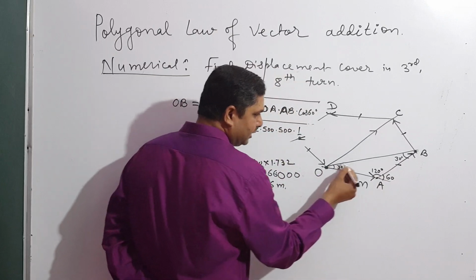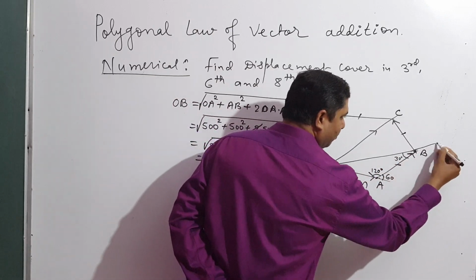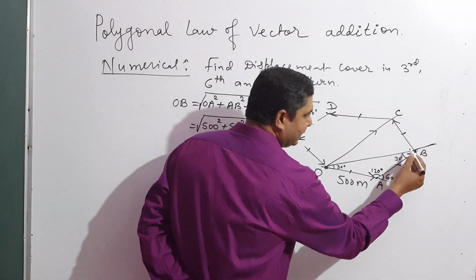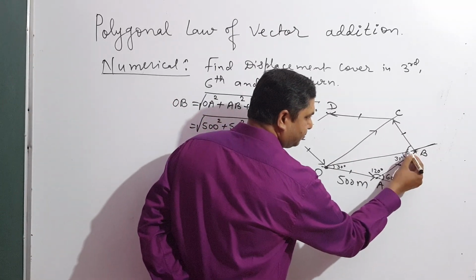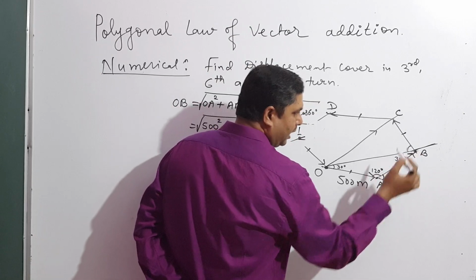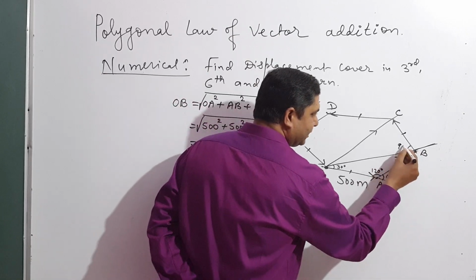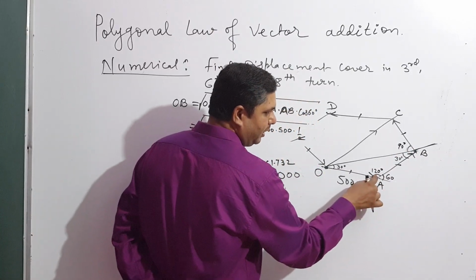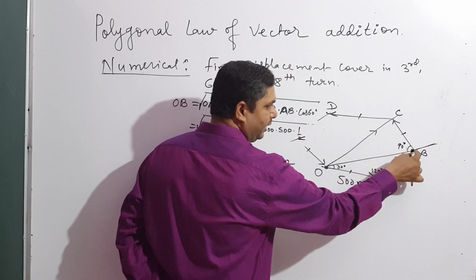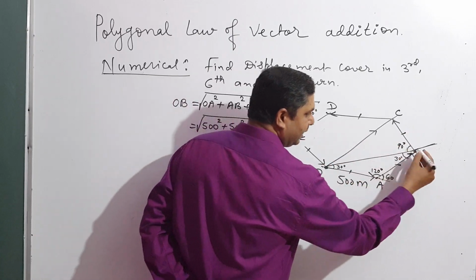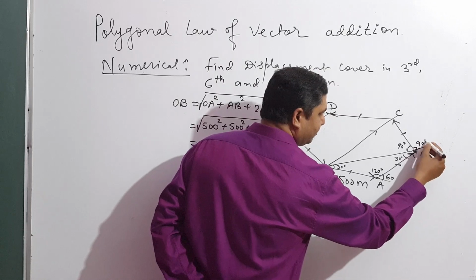When we produce this line, then we get that this angle is 90 degree. Why is this 90 degree? Because it is a regular hexagon, so this is equal to 120, so this also equals 120, so 30 plus 90 is 120. So if this is 90 degree, then this also equals 90 degree.